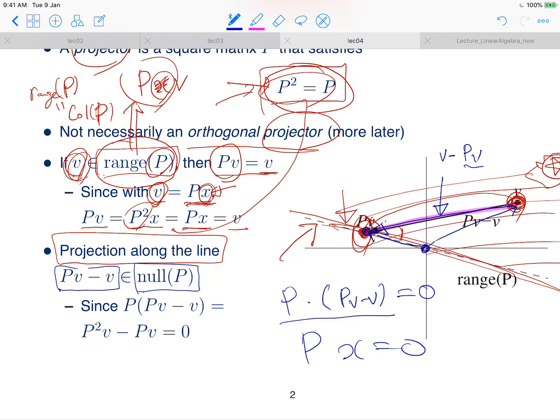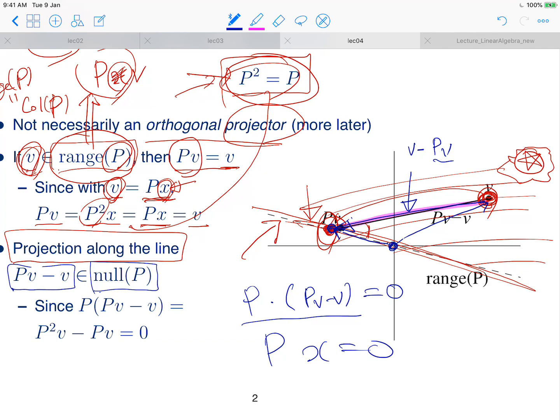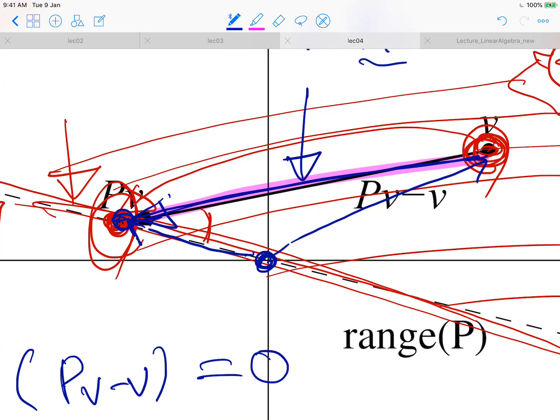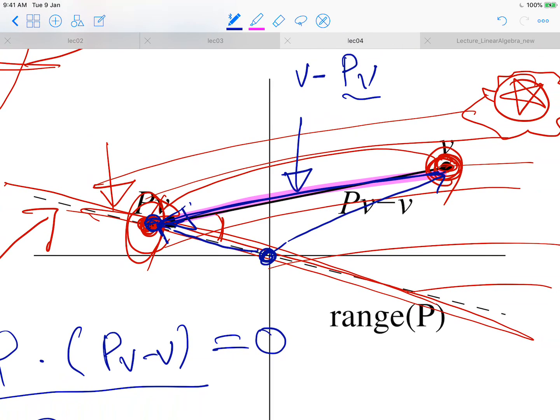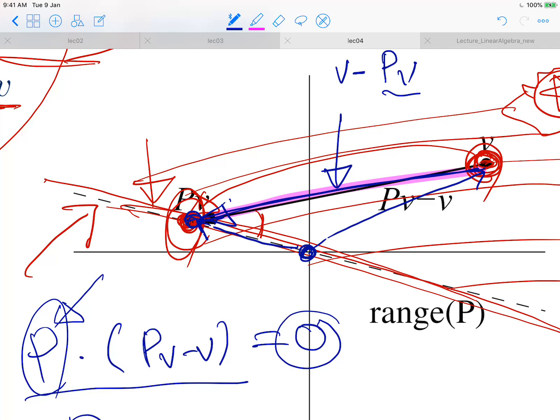So what does that mean? Let me point out one last intuitive characteristic about that. Let's consider this vector. This vector is part of our null space, which means this vector times our matrix P should be equal to 0. P times some vector is doing the projection, right?